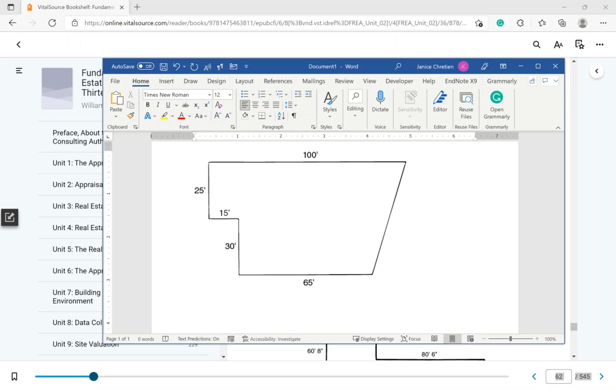If I say this is a dotted line, and from here to here is a dotted line, now I have a square here, right? To get the total square footage, I'm going to have to take these 3 areas, and we'll call this A, we'll call this B, and we'll call this C.